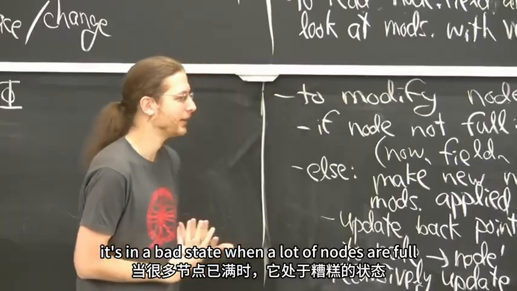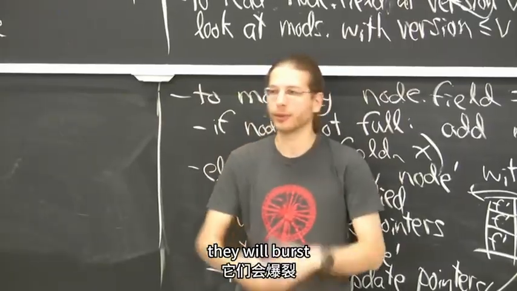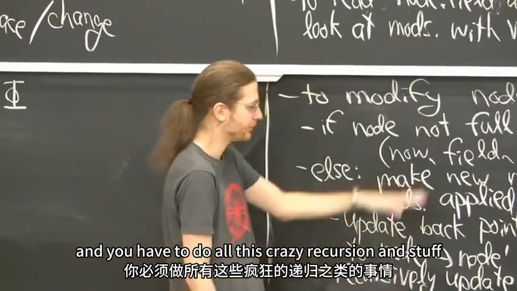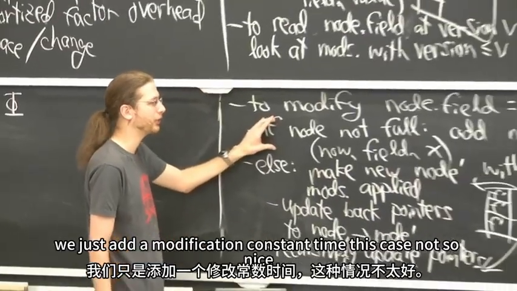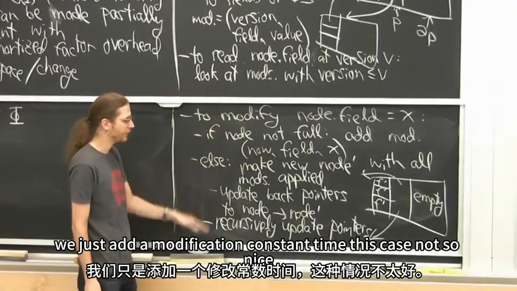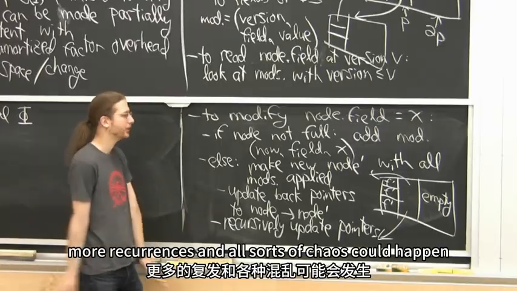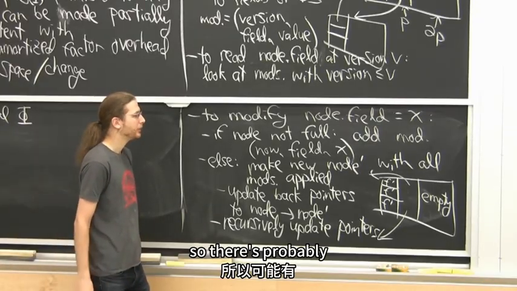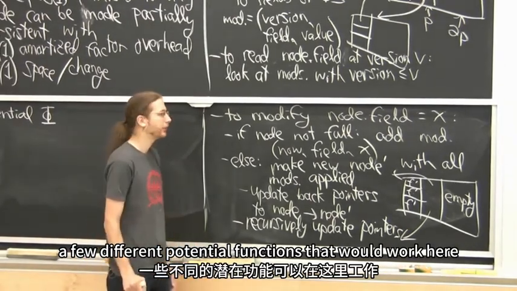Intuitively, it's in a bad state when a lot of nodes are full, because then as soon as you make a change in them, they will burst, and you have to do all this crazy recursion. This case is nice and cheap. We just add a modification, constant time. This case, not so nice, because we recurse, and that's going to cause more recursions, and all sorts of chaos could happen. So there are probably a few different potential functions that would work here.